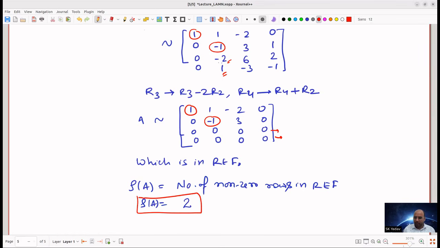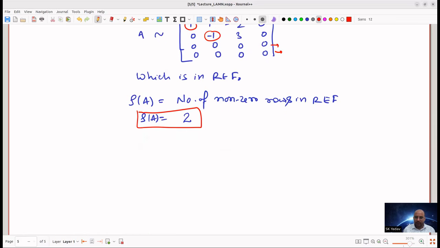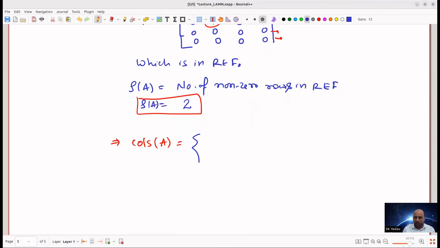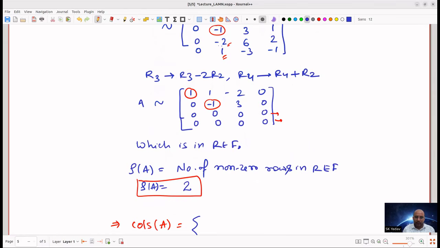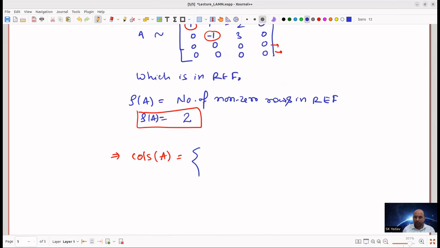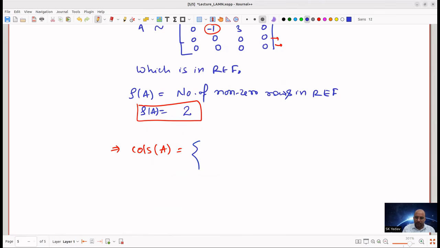At the same time, now you can write the column space of matrix A. This implies your column space of A will consist of the columns which have a pivot element or leading element in REF. So column 1 and column 2 have the pivot elements. So column space will consist of the set of C1 and C2 of the original matrix.